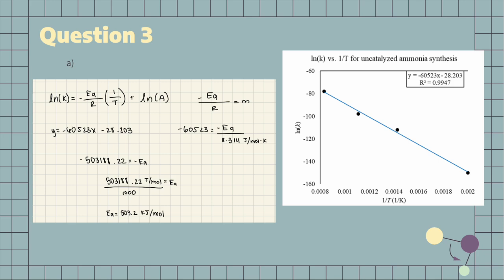As shown in my work, the graph provided was used because the slope was given in the graph, so I plugged that in, and R is a constant, so I also plugged that in and solved for the activation energy. However, to get the answer in kilojoules per mole, because it first gives you joules per mole, I had to divide it by 1,000, and this yielded an activation energy of 503.2 kilojoules per mole.